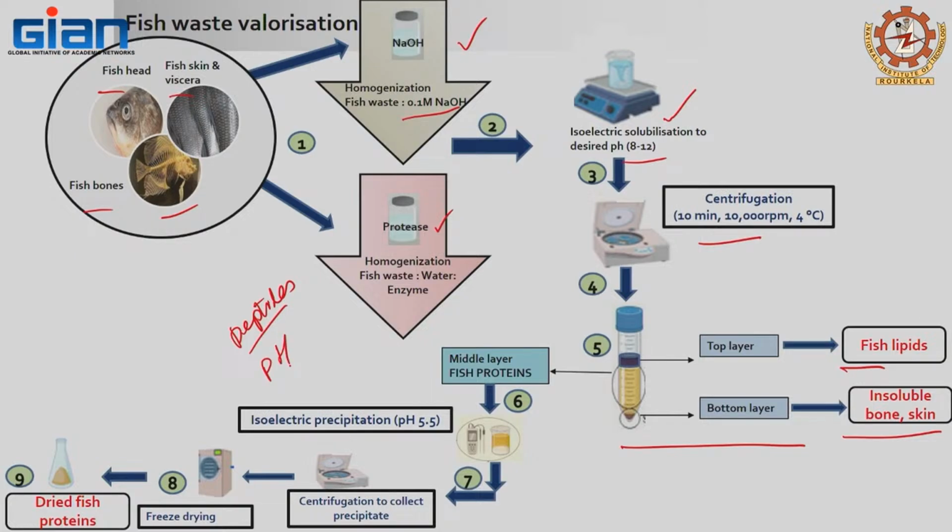If you take a fish side stream, you mince it, what you will get is a fish paste. If you add alkali, protein will solubilize, you precipitate, when you centrifuge it, you get multiple layers, yeah. Then you can separate oil, protein and bones and all, yeah.